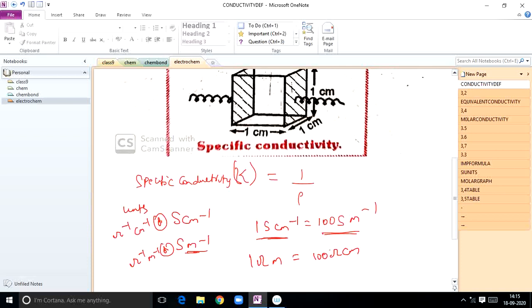So now representation, how to represent, representation of a specific conductance.